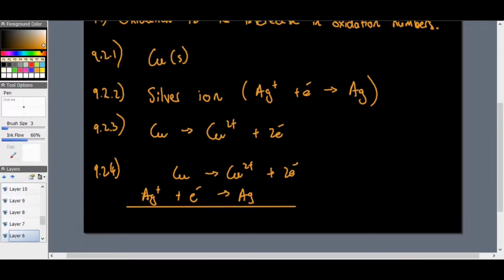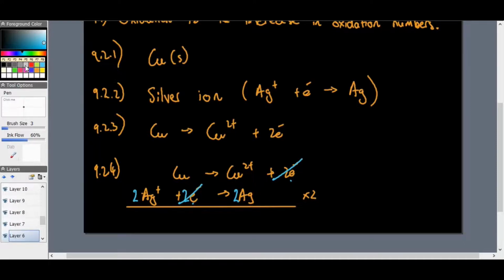The first thing I need to do is double up the electrons here. So I need to multiply everything here by 2. If I do that, I'll get 2Ag plus plus 2 electrons becomes 2Ag. So I've now made the electrons the same, and they'll cancel.